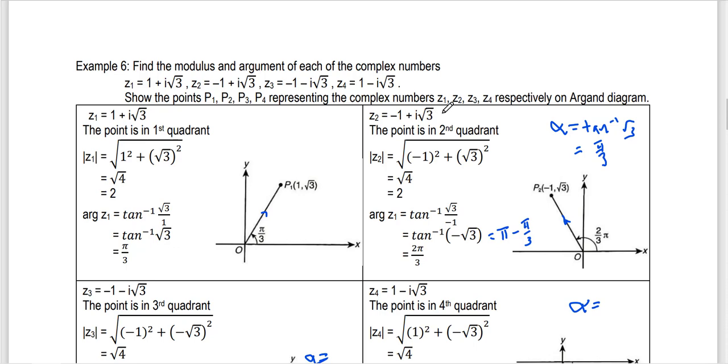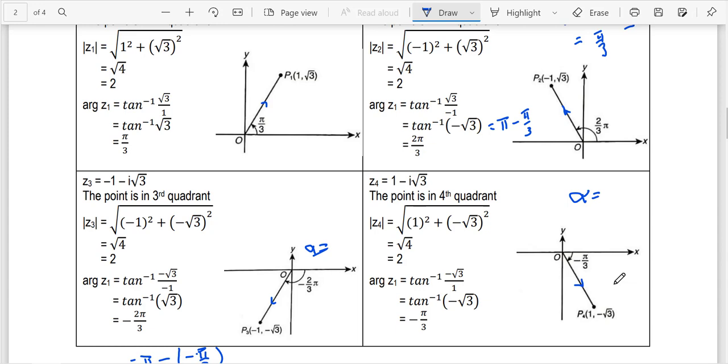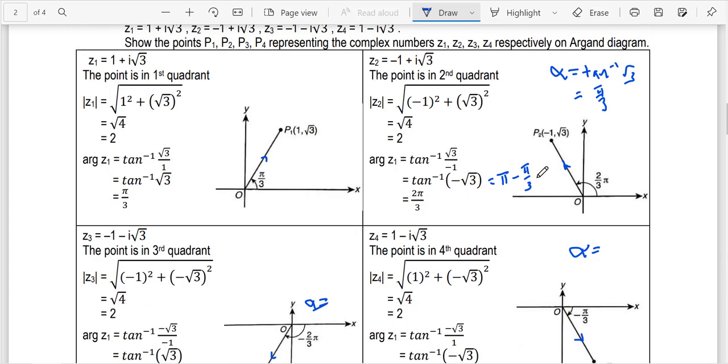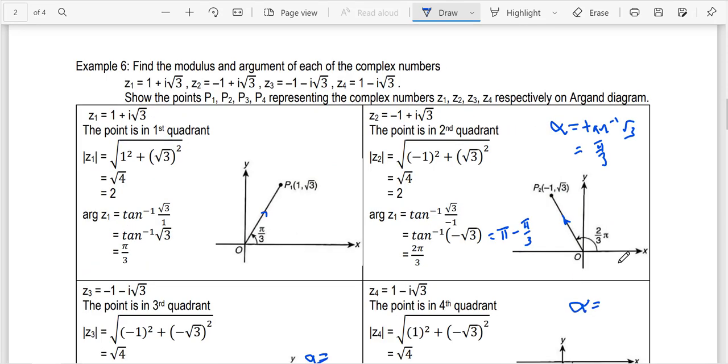You must know whether it is in the first, second, third or fourth quadrant. If they didn't ask you to sketch the Argand diagram, no need to sketch exactly. But here they ask you to sketch, then you sketch properly. If they didn't ask you to sketch, just simply put it on.